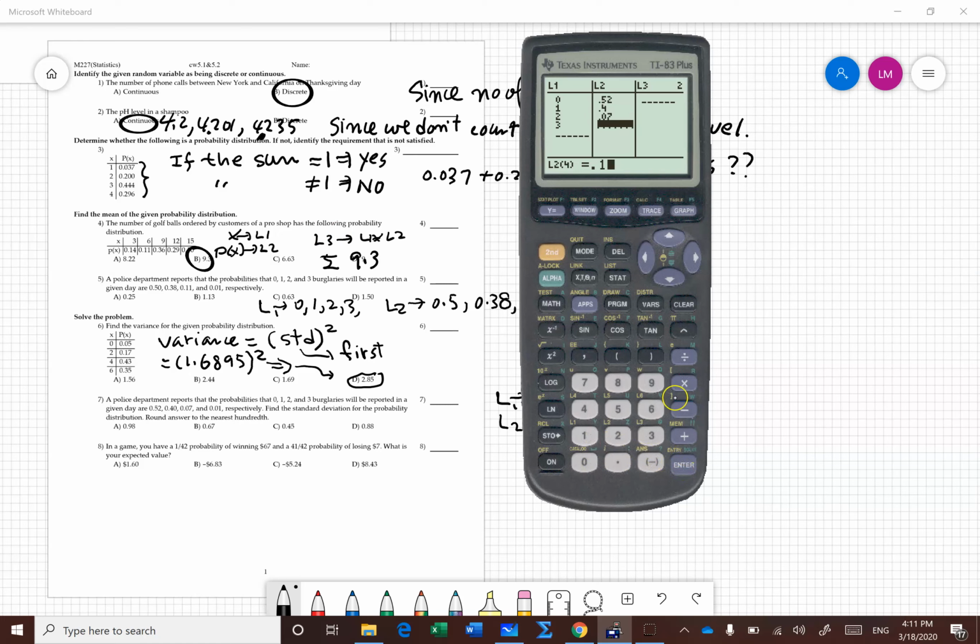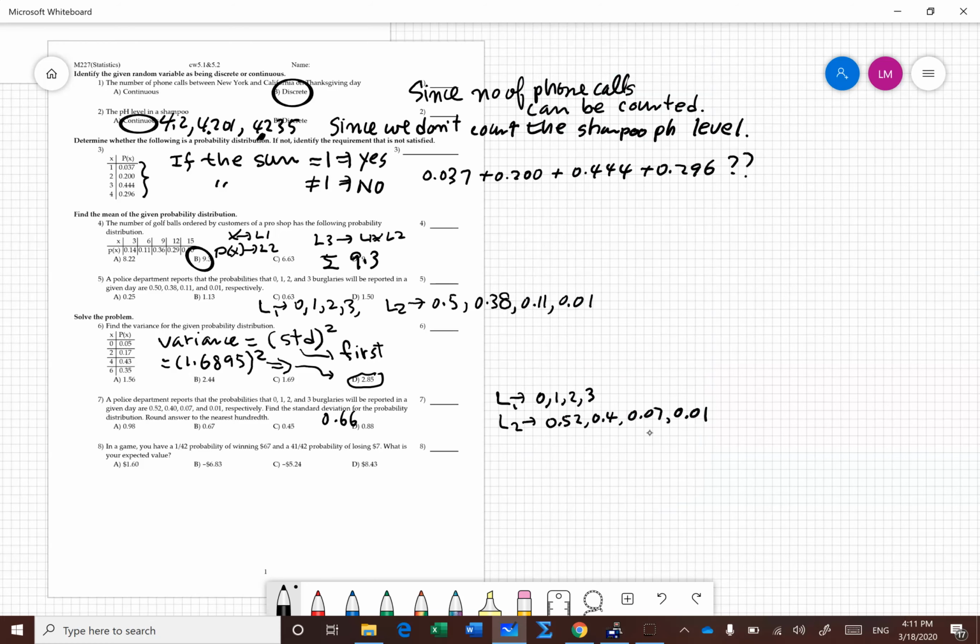After you do that, go to stats, calculate, second L1, comma, second L2. Then you get 0.667. You round it to 0.67, which is B.